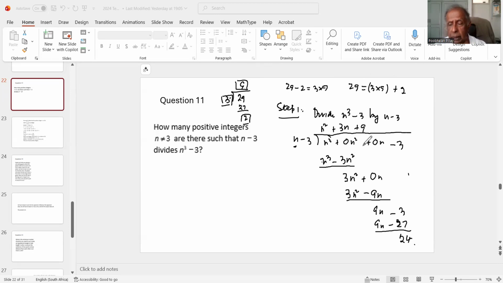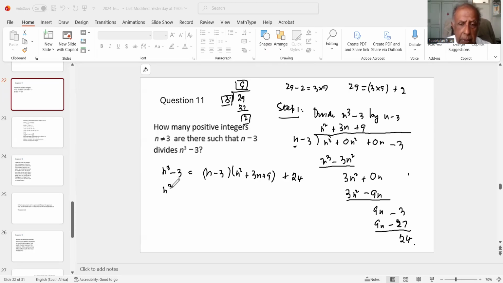So bearing that in mind, here you can write n cubed minus 3 equals those two multiplied, that times that, plus 24. Now you want to know what happens when you divide this by this, so let's divide n cubed minus 3 by n minus 3.